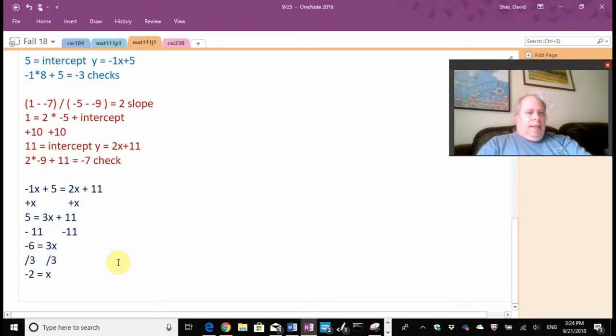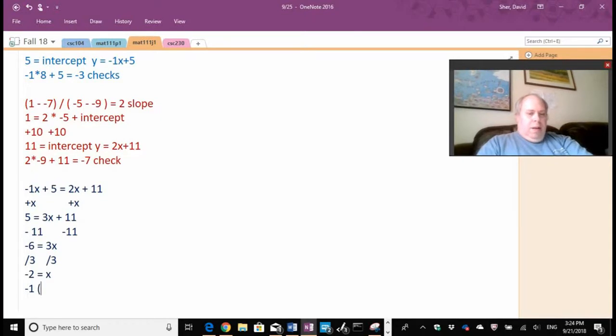I'm not done yet. Right? So I know what the x value is. Okay? I need to know the y value. Well, I'll try the left equation first. Negative 1x plus 5. So, negative 1, I know negative 2 is x, times negative 2. Don't lose that minus sign.